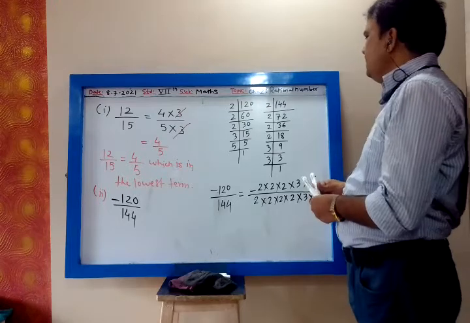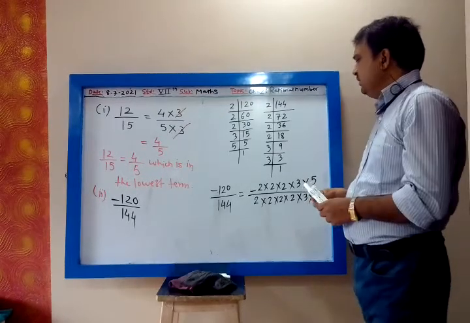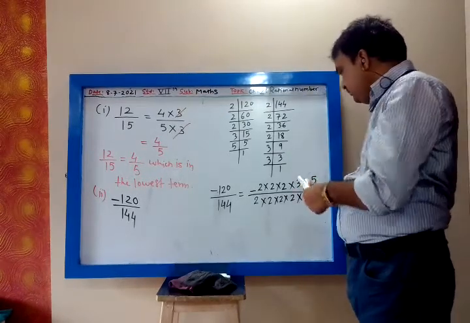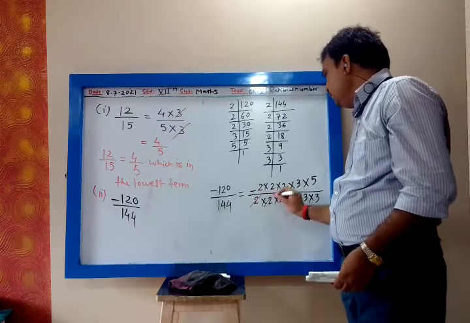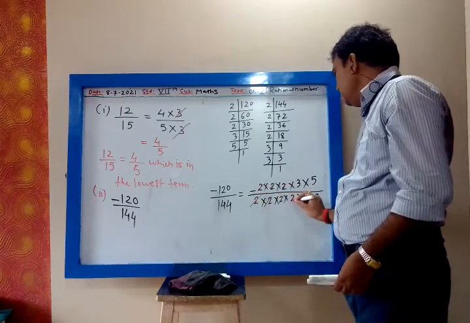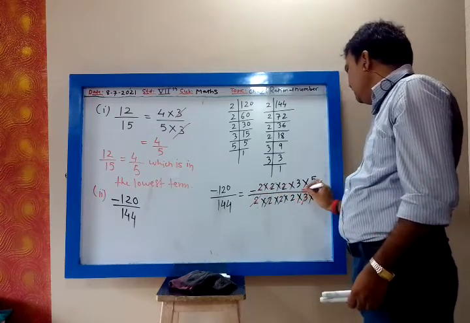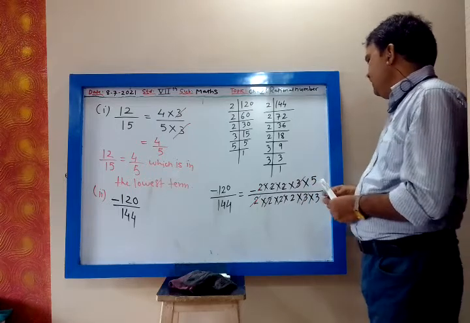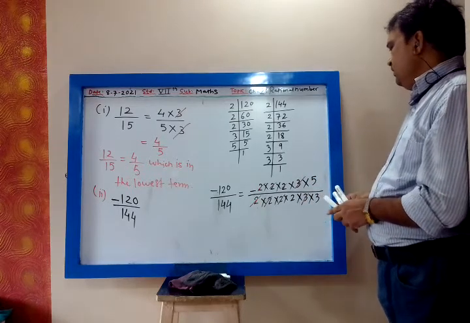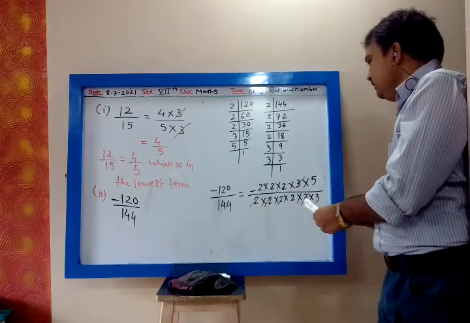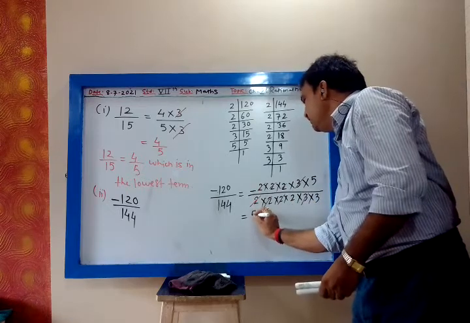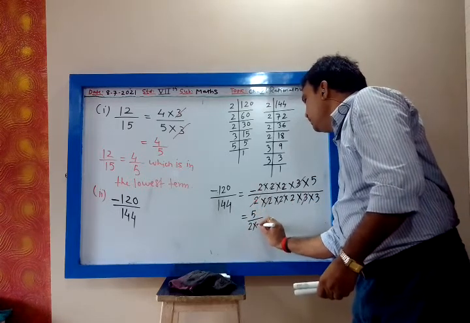Now cancel the common factors. 2 and 2 get cancelled, 2 and 2 get cancelled, 2 and 2 get cancelled. Then 3 and 3 get cancelled. So what is left? Tell me. 5 upon 2 into 3 is left.